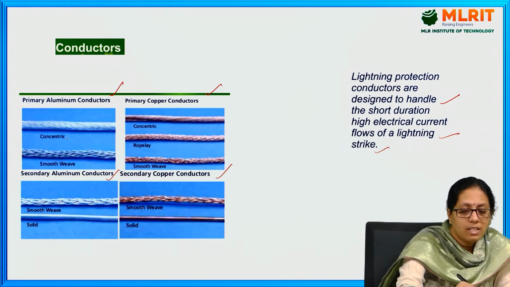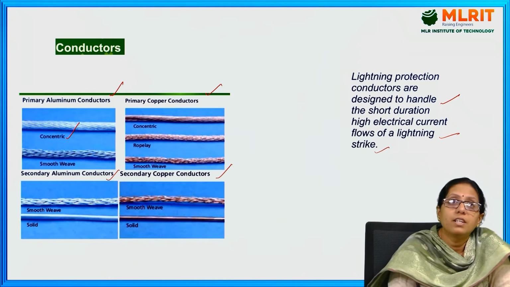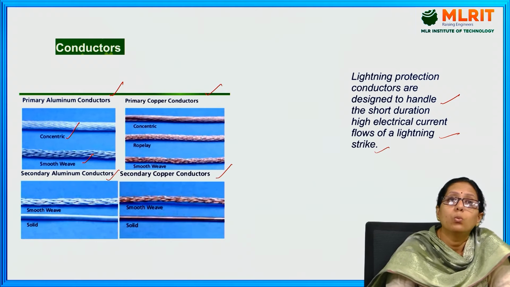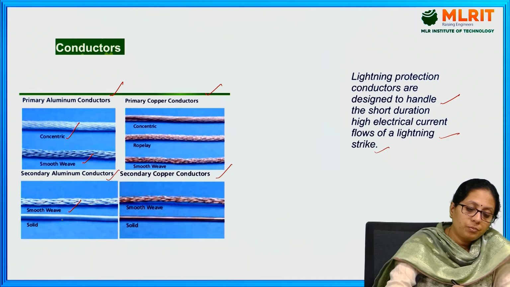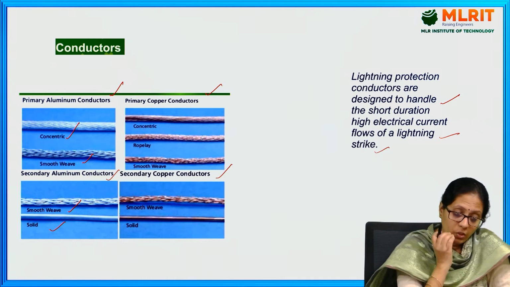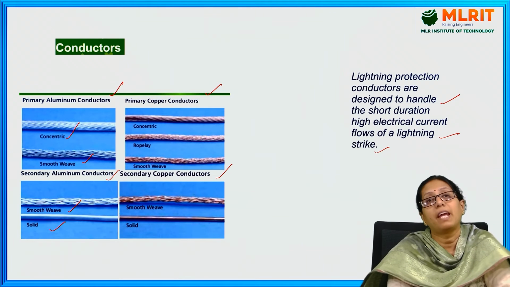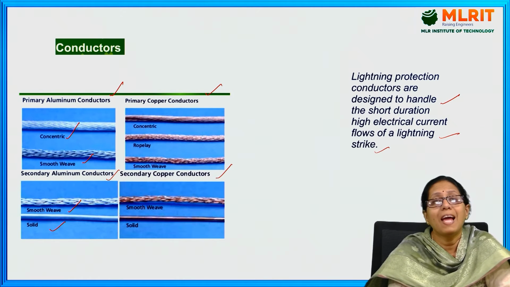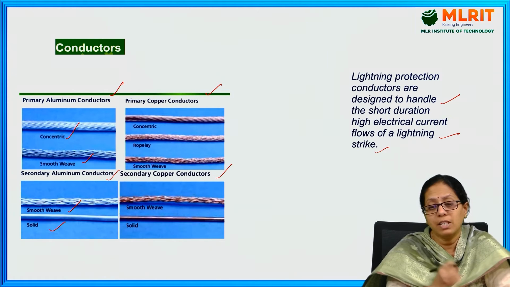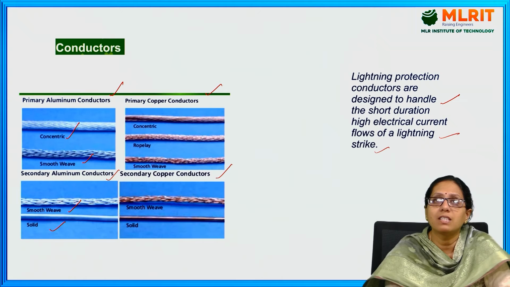Here you can see the first type is concentric type, the second type is smooth wavy type, and this one is solid type. So here you can see primary as well as secondary, and you will be using the aluminum conductors as well as the copper conductors in order to protect the devices from the lightning strike.